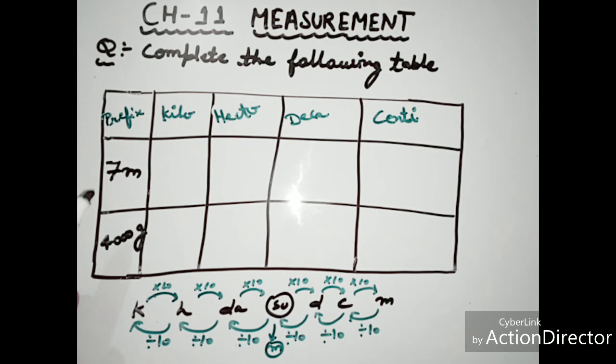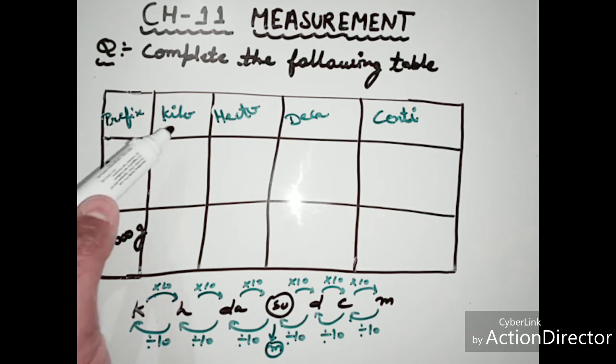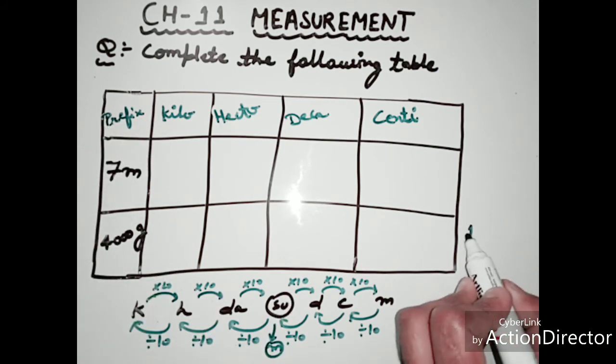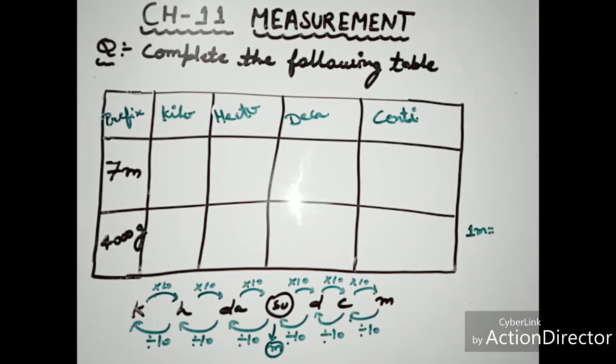So first we check how many kilometers in 1 meter. So 1 meter equal to, meter is here and kilometer is here. So we move lower to higher units. And how many places? 1, 2, 3, means 1 upon 1000 kilometer.